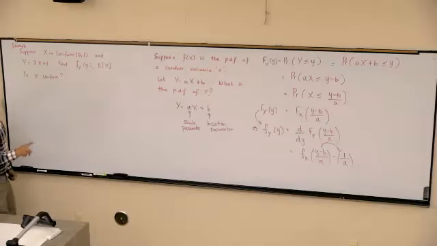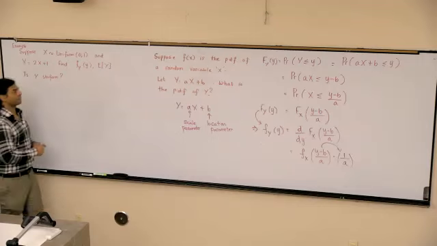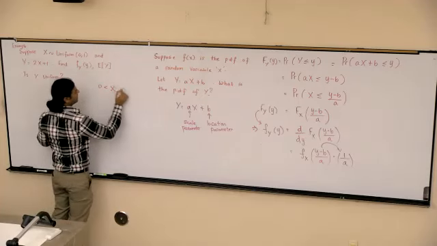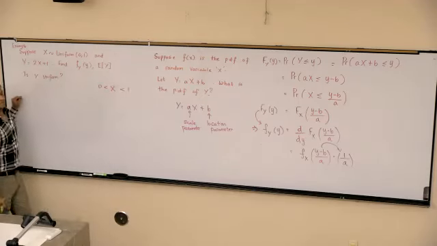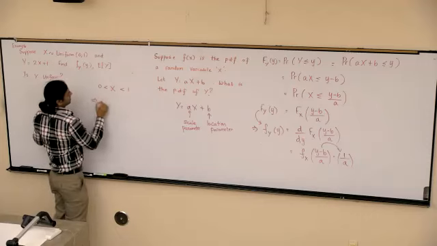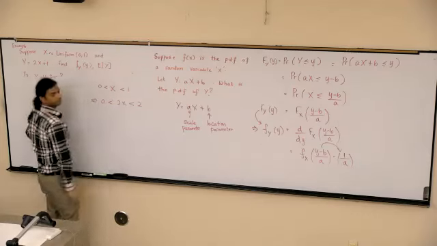So we know one of the key things with random variables is the support. Support is important. So what is the support of X? The support of X is between 0 and 1. If I multiply by 2 on both sides, I'll have 0 less than 2x less than 2.